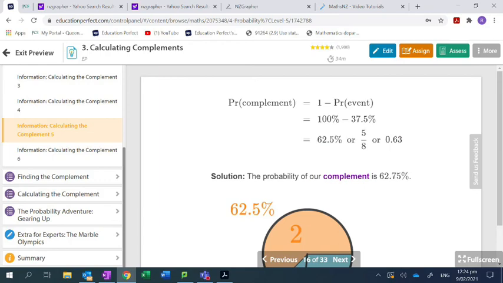All right, so I want to just show you a little notation for this. Notation for complements. If you have the probability of E, that's the probability.